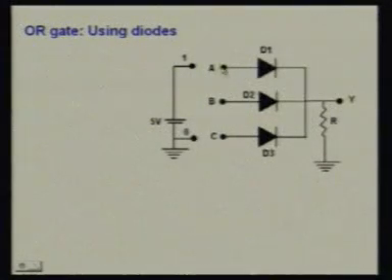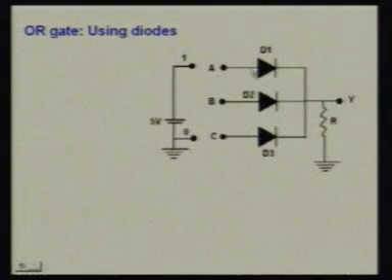Now if we consider A as 1 and B and C as 0, then D1 will be in forward bias condition, and D2 and D3 will be in reverse bias condition. So D1 will conduct, but D2 and D3 will not. Current will flow through the resistance R to the ground, so there will be a voltage drop IR across this resistance, and we will get the output as high.